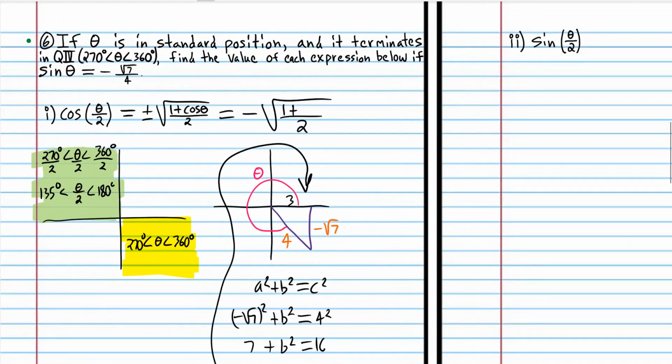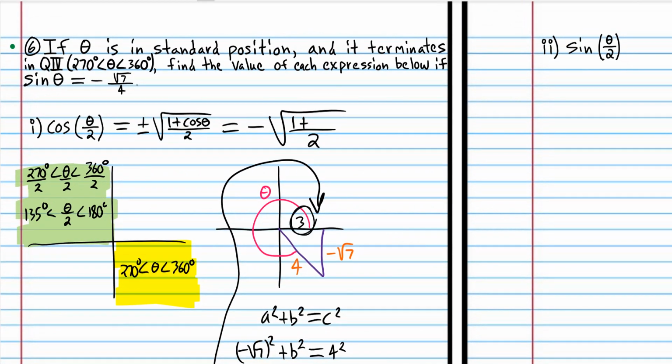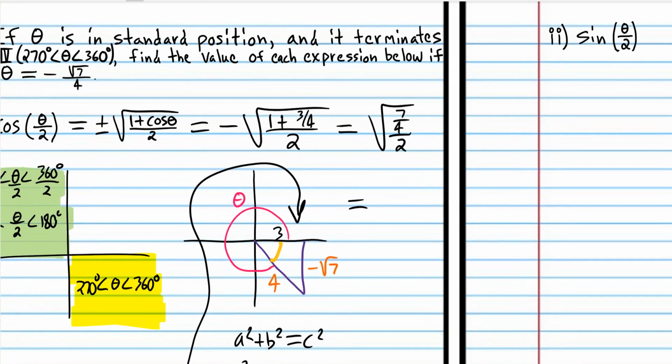So now we know cosine is the side adjacent the yellow reference angle divided by the hypotenuse. So that would be 3/4. And so 1 plus 3/4 is 7/4. And then we reduce that, we get 7 over 8.